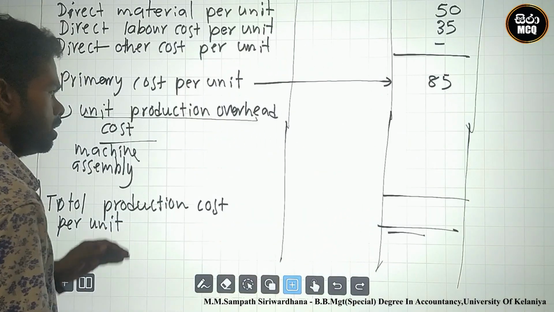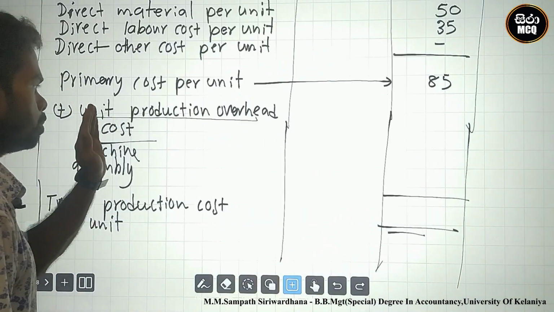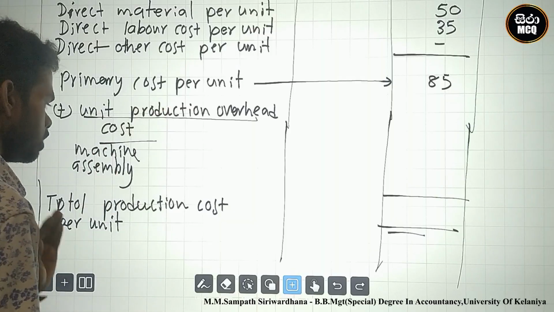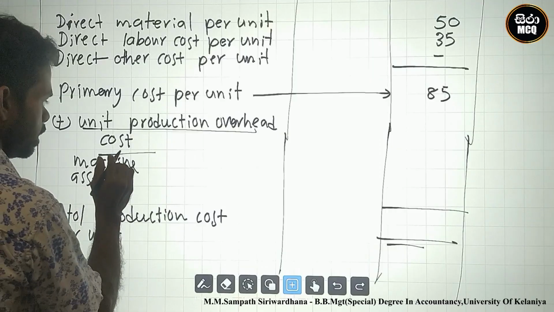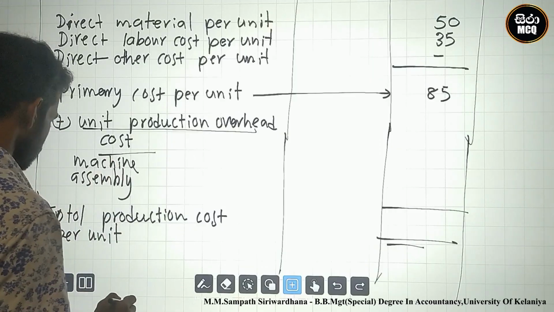After that, we must absorb the unit production overhead cost using the absorption rates of machine and assembly.